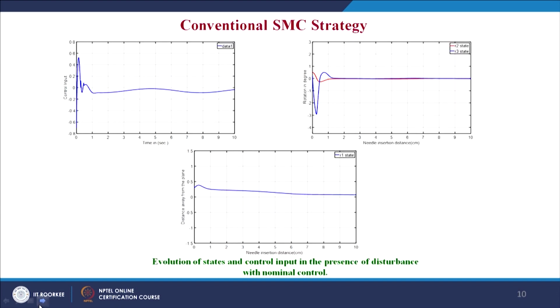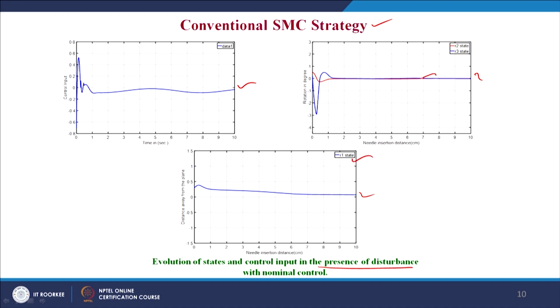So, when we give disturbance, what happens with the conventional sliding mode control strategy? The control input is feasible without any chattering. But the states, you see the convergence is suffering; the distance state is not getting converged.